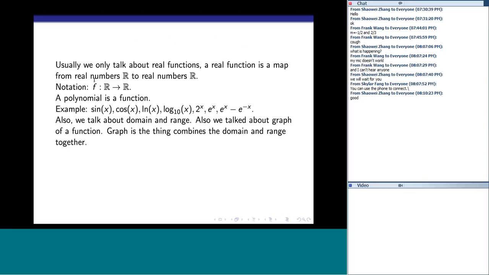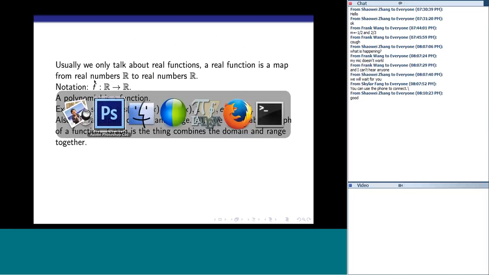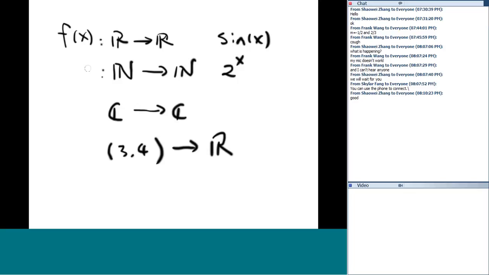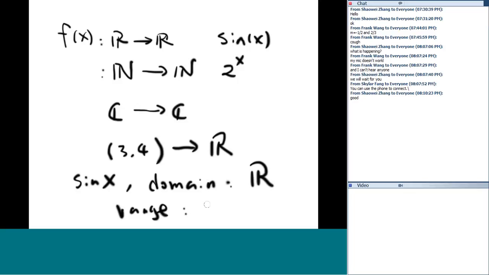Also, we talk about a function's domain and range, like sine x. What is the domain of sine x? All real numbers. The domain is R. So what is the range? Negative 1 to 1, included.